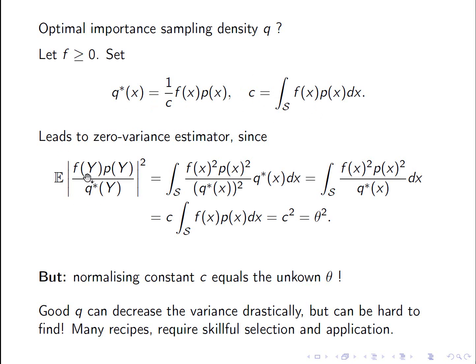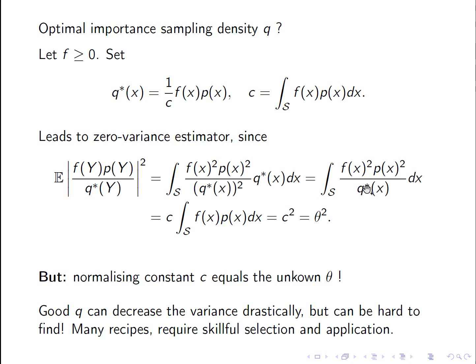So let's look at the second moment. So the expectation of f squared of y, p squared of y divided by q squared of y. If we write everything out, because y has density q star, this is just this expression. Well, this q star here and one of these q star here, below the fraction, they cancel, so we just have q star.